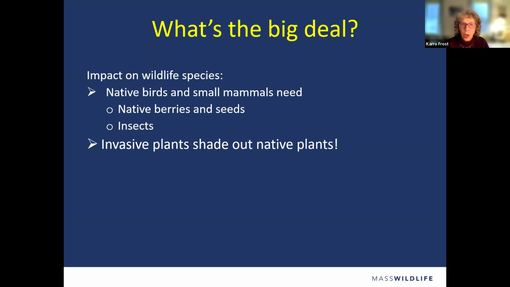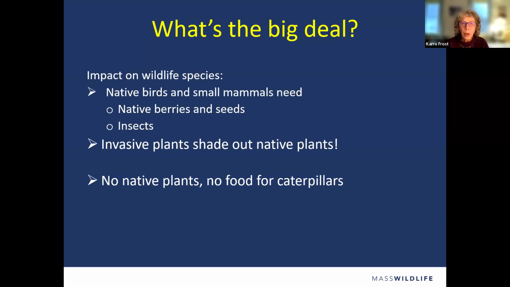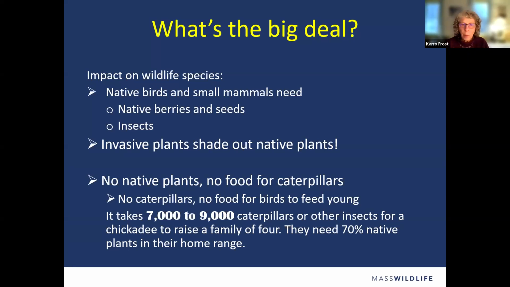Invasive plants shade out our native plants. And if we don't have native plants, we have no native caterpillars eating them, and no native caterpillars, well, there's no food for the birds to feed their young. That chickadee at the beginning that I showed you takes 7,000 to 9,000 caterpillars to feed its family of 4.